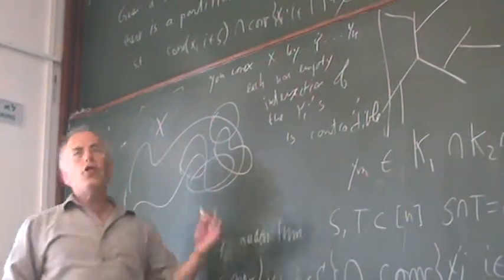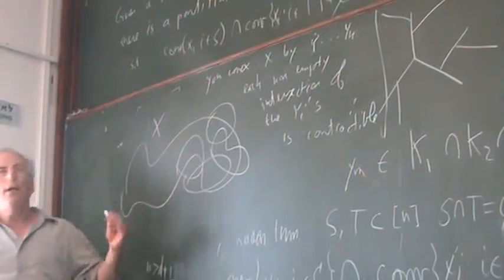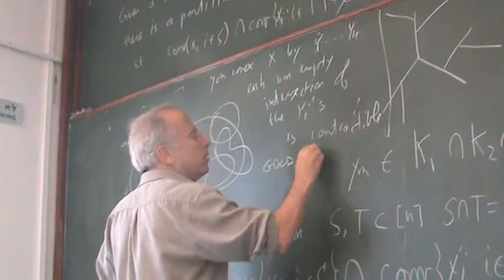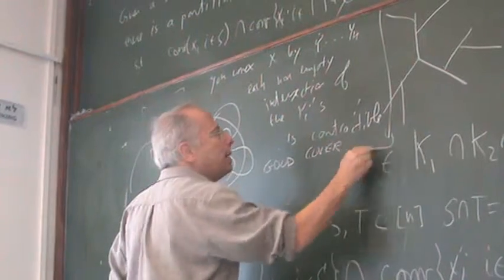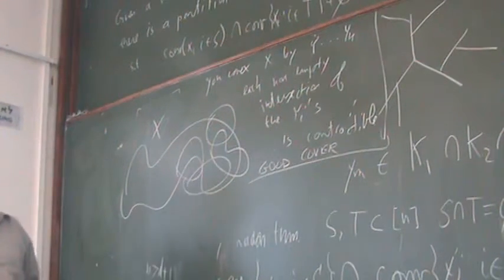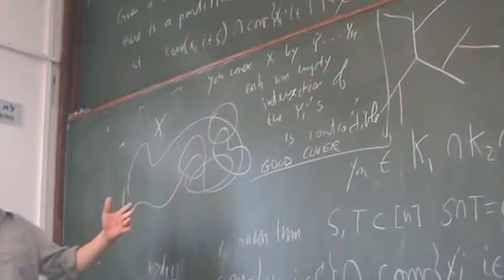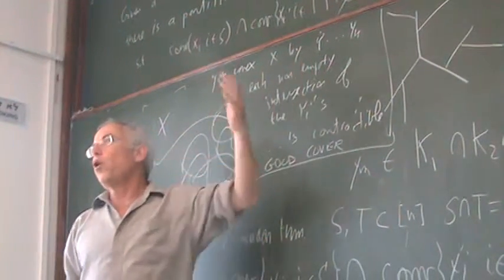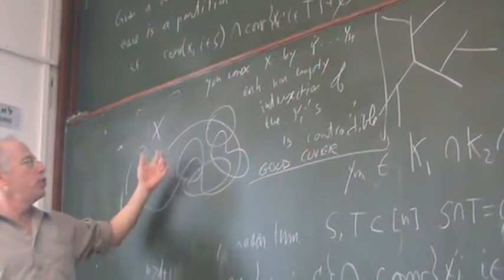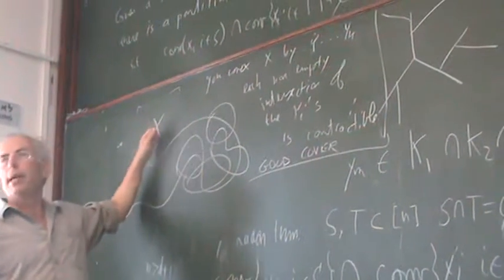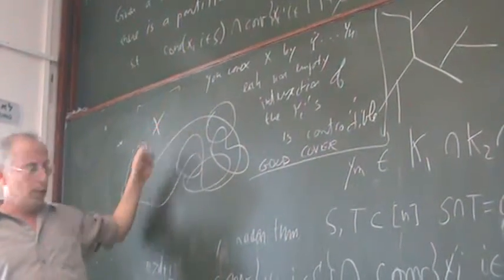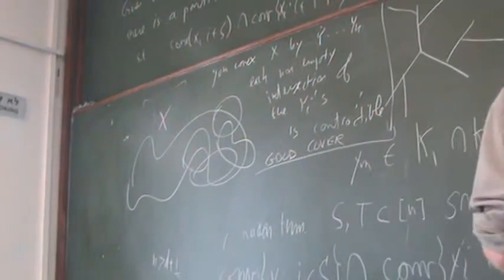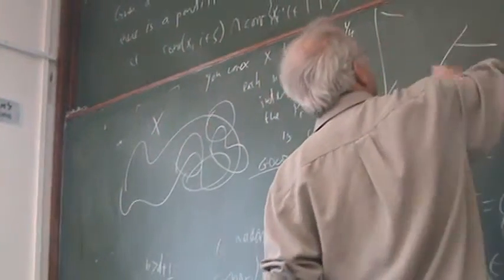Okay. So such a covering is called in topology a good covering. Now, why is it good? The reason it's good is that the intersections of these Yi's give you a complete picture of the topology of the space X. And the theorems which give you this connection are called nerve theorems.